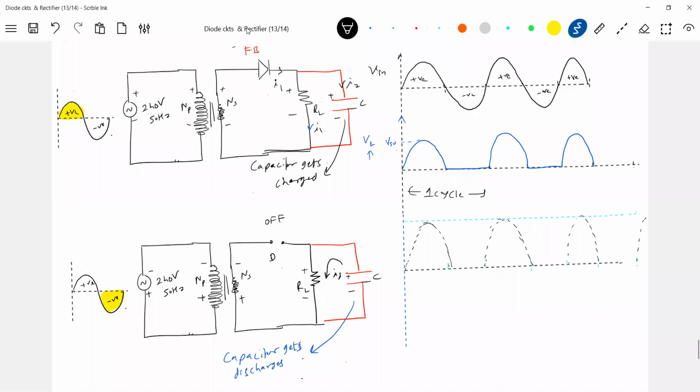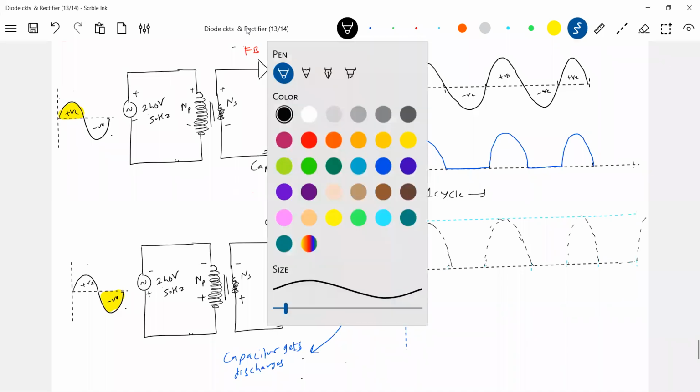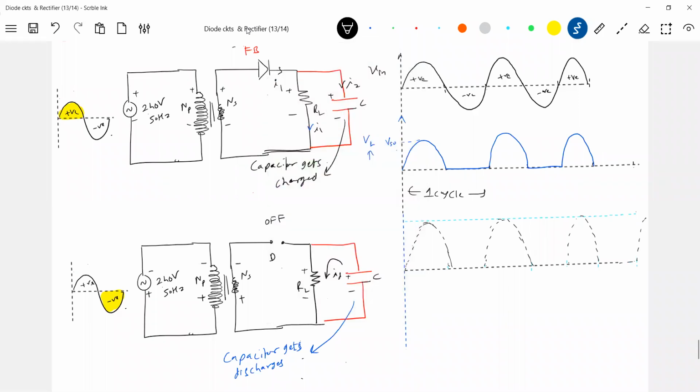So one more cycle will come like this. Now, what is our original graph? The original graph will be like this. Here, till here it gets charged. Afterwards, it will discharge. Again the next cycle will come. You can see again the next cycle. So it'll get charged, then again it'll get discharged.